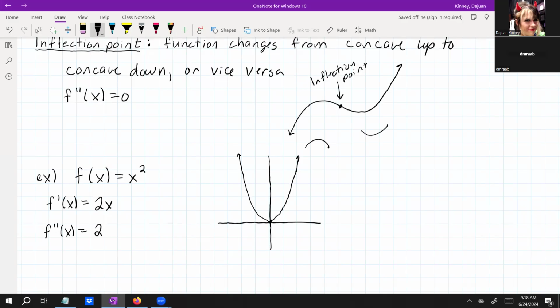So we have an absolute min at 0, 0, and it's a relative min as well. We have no absolute max on this interval or the whole domain. So we're concave up. Our second derivative is always positive.